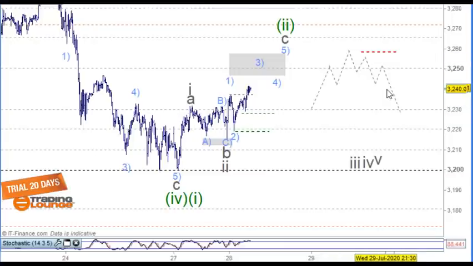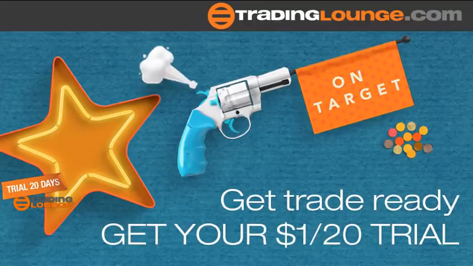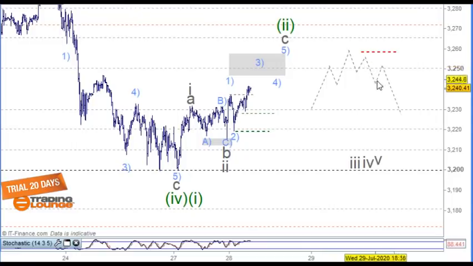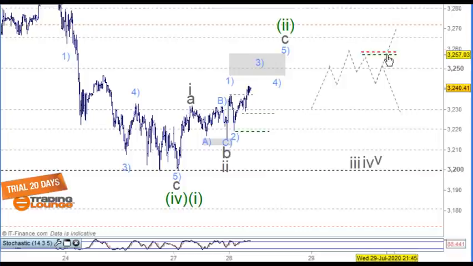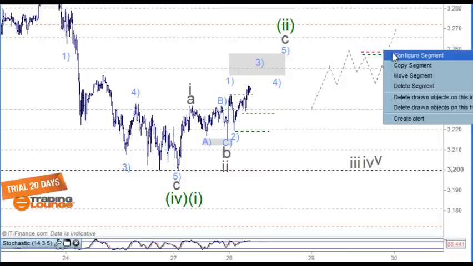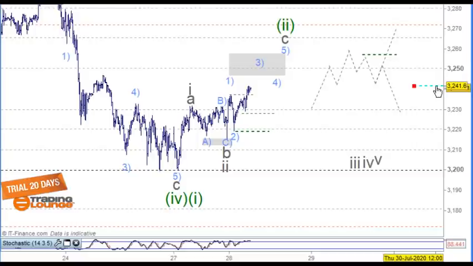But even if you're going to short from up here, if you're going to go long here, then this would be an A and a B and a C wave here, and then the market would continue to move up from that point. So in a nutshell, on the long side, we would need that there. If I can just remove that for a second. So that would be the long side.